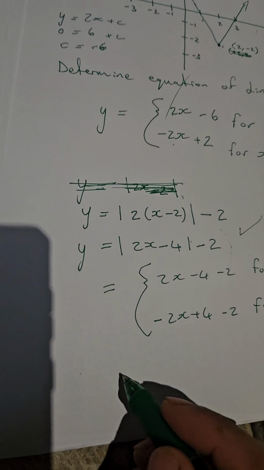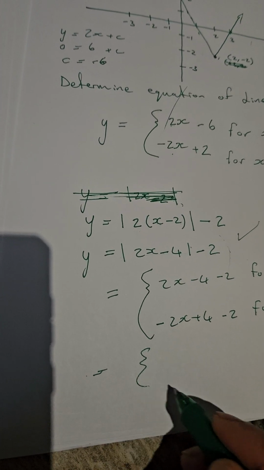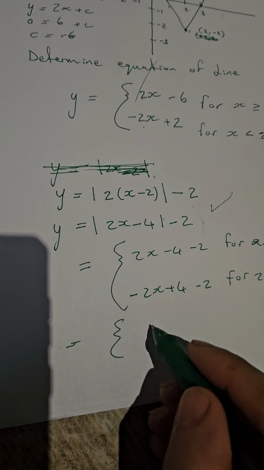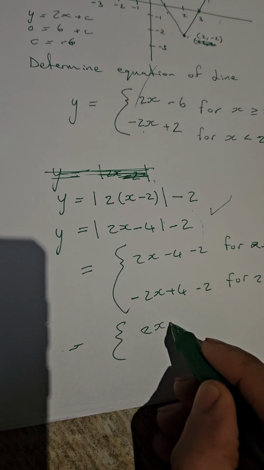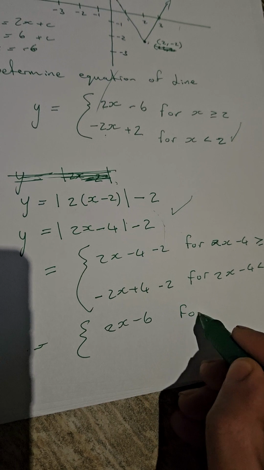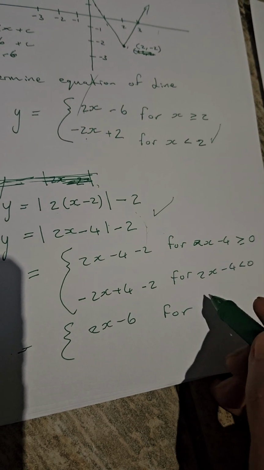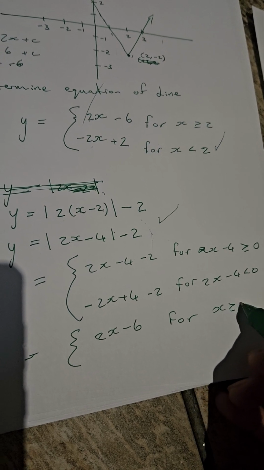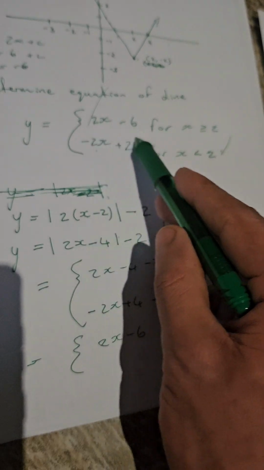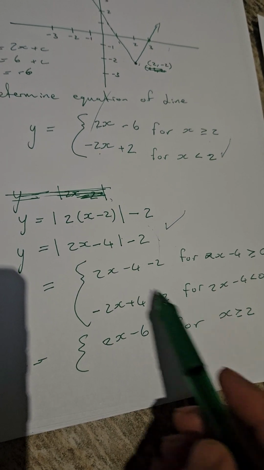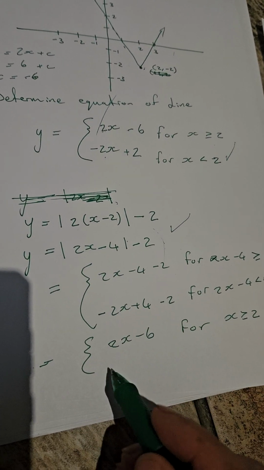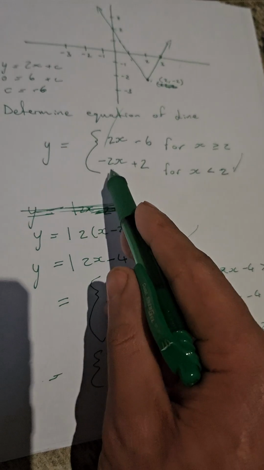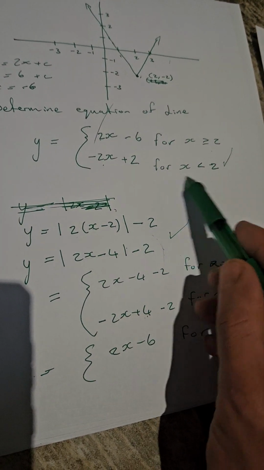Solving it, it would be 2x minus 6 for 2x greater than 4, dividing by 2, x greater or equal to 2. And guess what? I got exactly this as this. So in fact, this answer is correct so far. Negative 2x, and then this would be plus 2. Guess what? That. And then x smaller than 2.